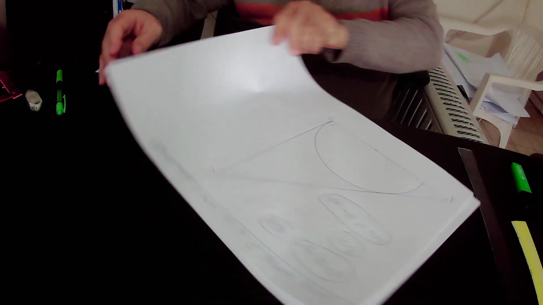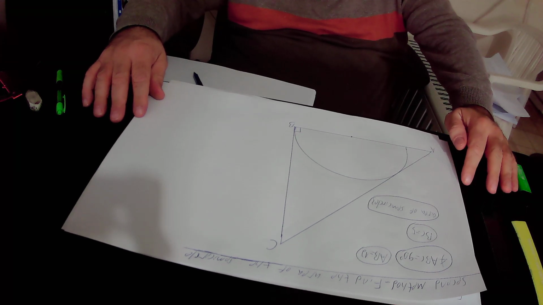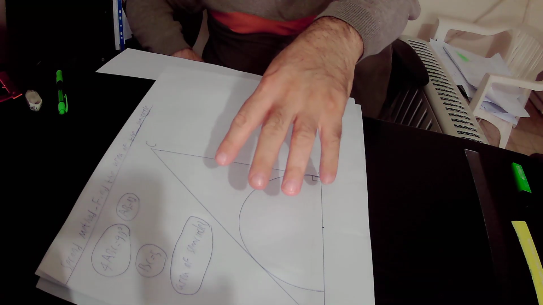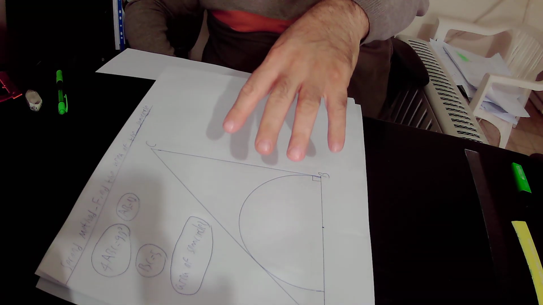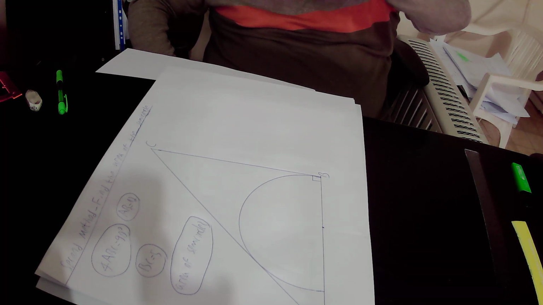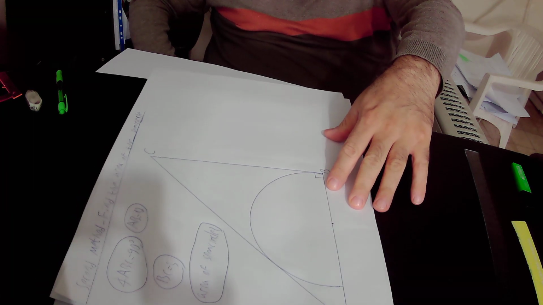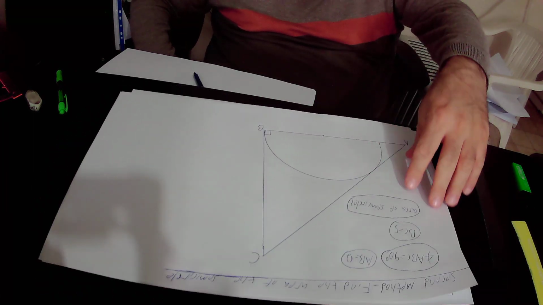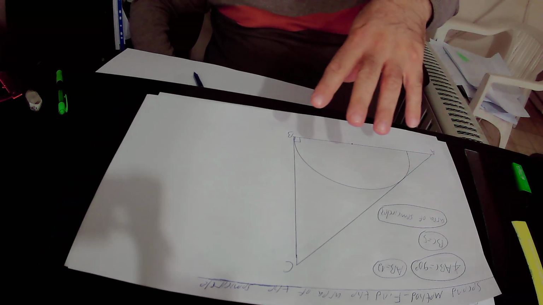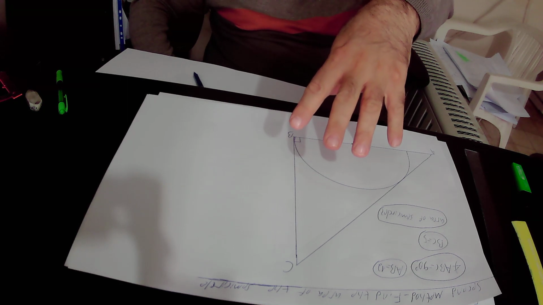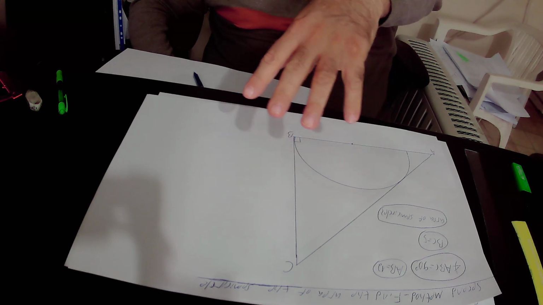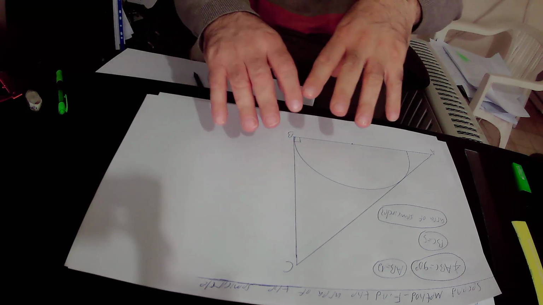Here we have this image. So here we will draw a mirror image of this figure, and then we will join the two figures together.